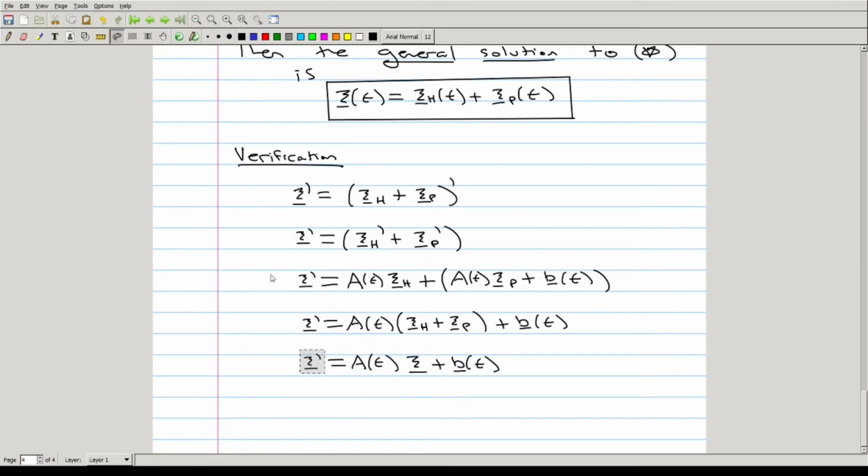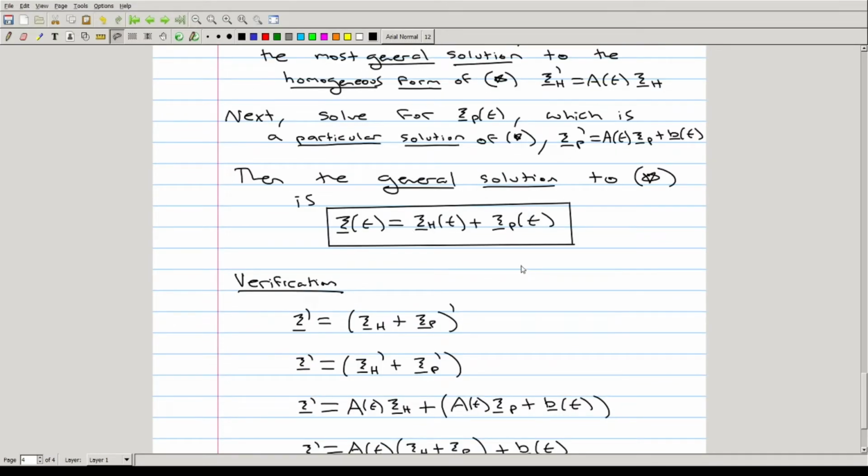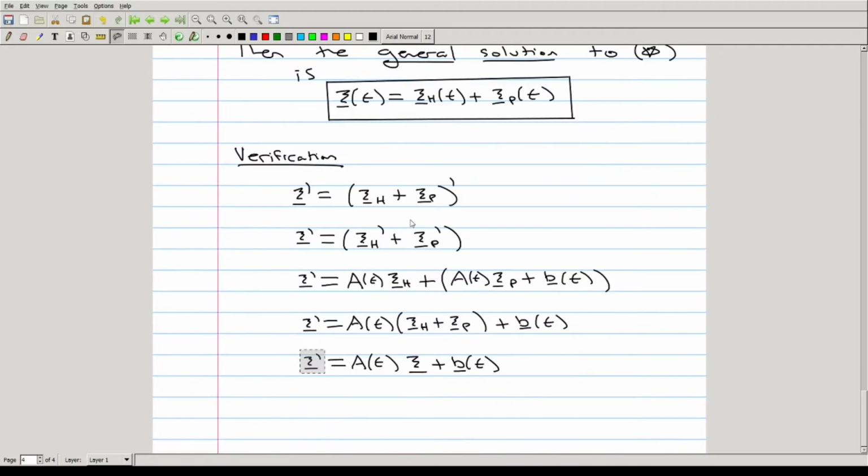Right, so this solution is clearly satisfying the differential equation, and we'll also see when we end up constructing xi h and xi p, we can directly construct these so that they also satisfy the initial value as well. So xi of t naught is equal to xi naught.